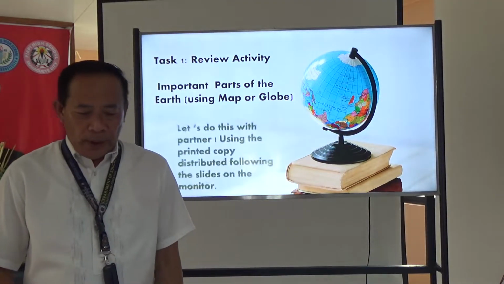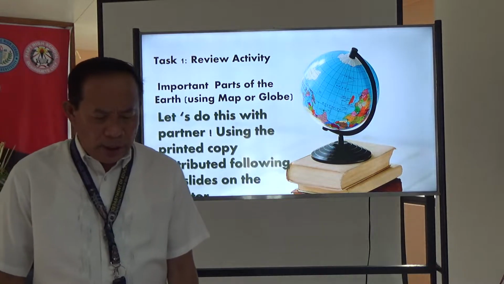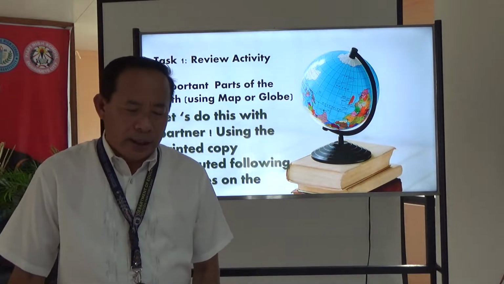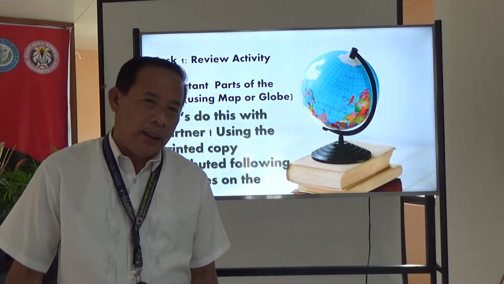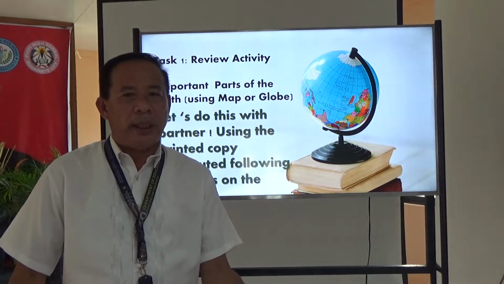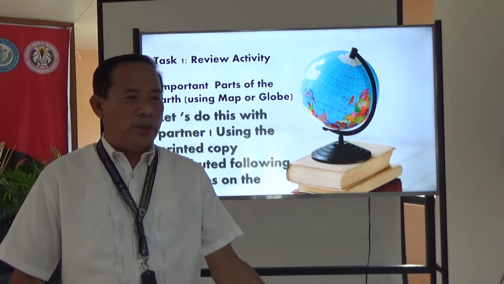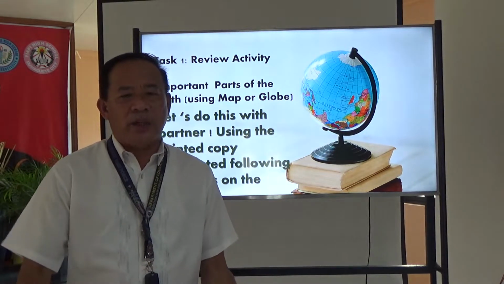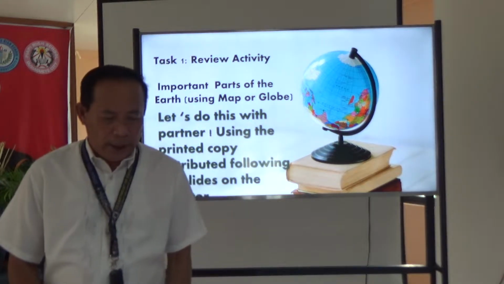Okay? Alright. So let's do this with your partner. The activity should be done with a partner, meaning that I'll divide you into groups with your partner so that you can share your ideas when you do the activity.